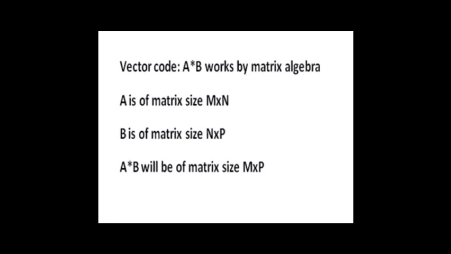Note that A's second dimension is n, B's first dimension is n. That means the number of columns of A must be equal to the number of rows of B. Only then can A asterisk B be conducted, otherwise not.